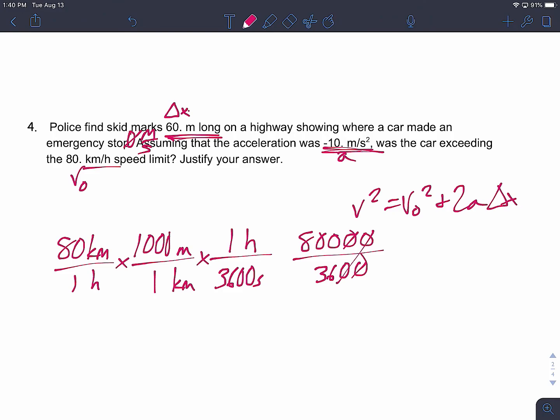Let's do some quick math. So it looks like it's about 22 meters per second.